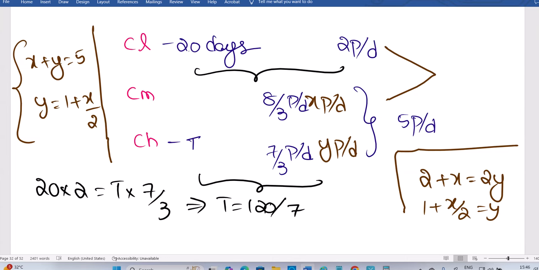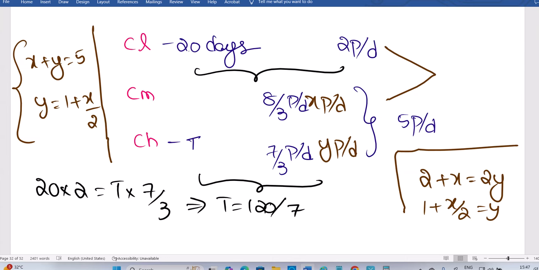Otherwise, you can apply the chain rule: M1 D1 equal to M2 D2, or M1 D1 H1 E1 equal to M2 D2 H2 E2 like that. M stands for how many members, D stands for days, E stands for efficiency. 20 into 2 must be equal to the product of these two numbers.